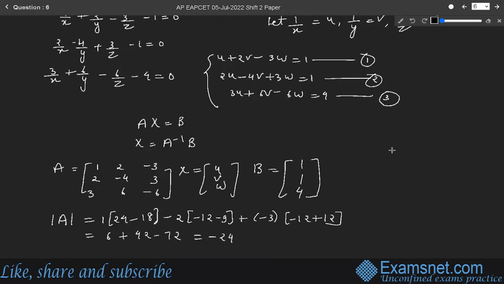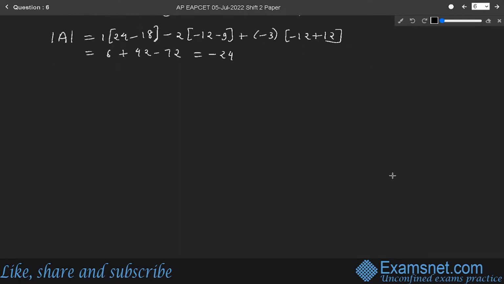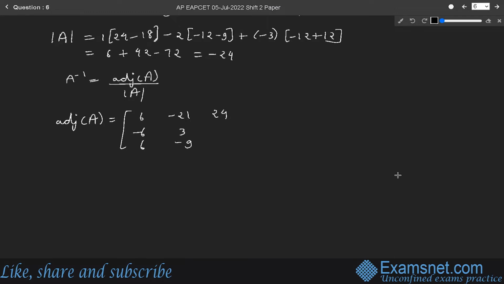We have to calculate A inverse, and we know that A inverse is equal to adjoint of A divided by modulus of A. So let us calculate the adjoint of A. The cofactor matrix is 6, -21, 24, -6, -3, -9, 6, 3, 0, 8... Its transpose will be the adjoint.